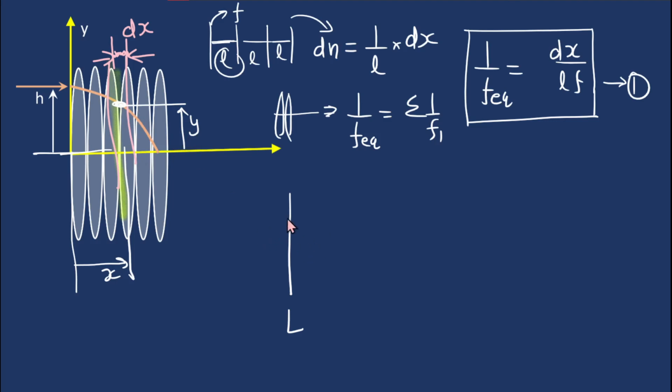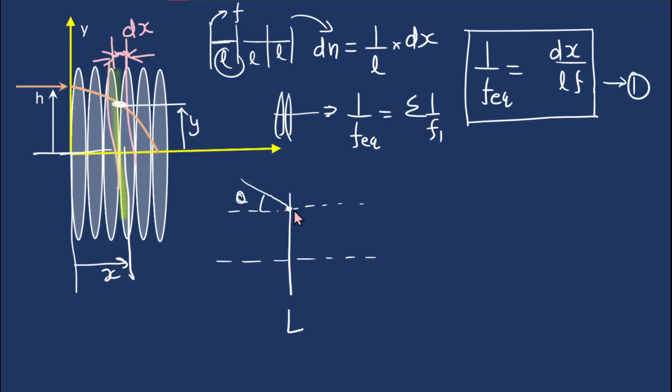So now let's say this is the principal axis of this lens, and the light ray is falling at an angle, let's say theta, to the left of this lens. So it is making angle theta when it is falling to the left of the lens.